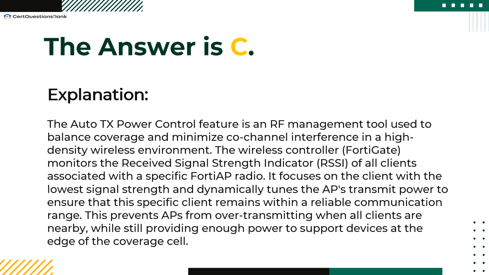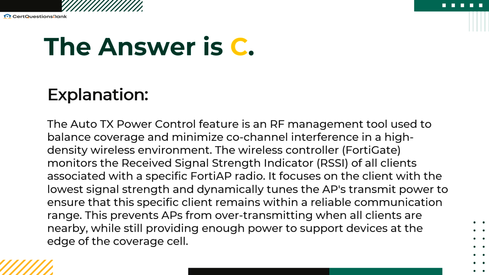The Auto TX power control feature is an RF management tool used to balance coverage and minimize co-channel interference in a high-density wireless environment. The wireless controller, FortiGate, monitors the received signal strength indicator, RSSI, of all clients associated with a specific FortiAP radio.